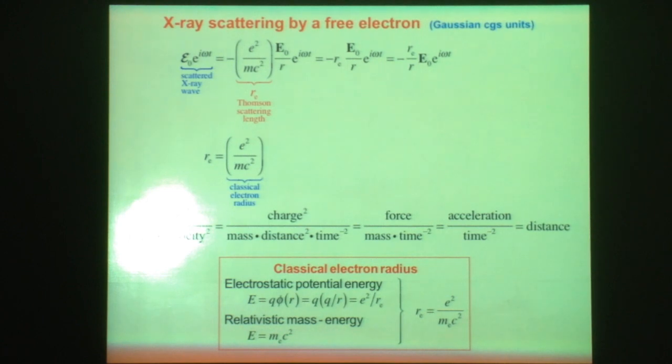For historical reasons, we now, on the basis of quantum mechanics, know much more about electrons than was presented in this very classical picture of a point charge. Okay, so that's the scattering by a free electron, either at rest or in motion with non-relativistic velocity.